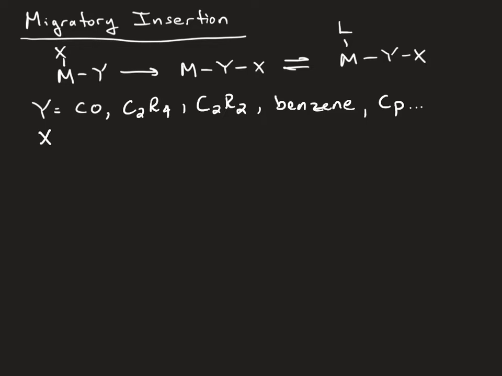The X groups are typically hydrides, alkyls, arenes, and carbonyls, while L is generally any type of Lewis base, be it a phosphine ligand or even solvent.